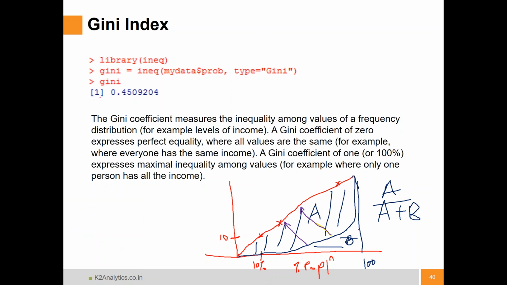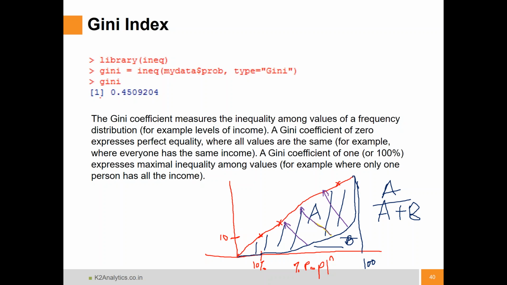If it is equal distribution, this blue line would overlap with the red line. What will be the area A in that case? 0. Two lines overlapping, there is no area. A will be 0.